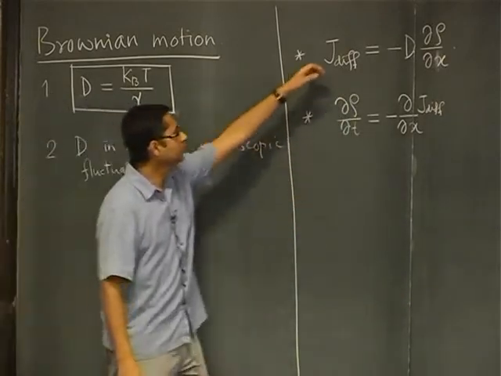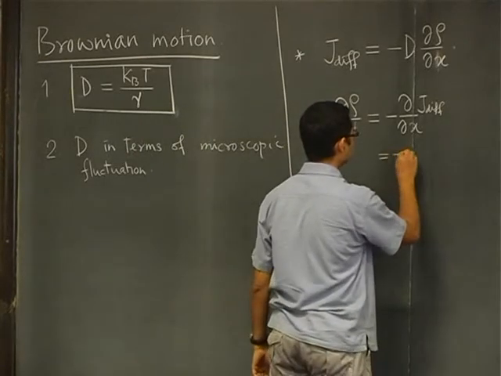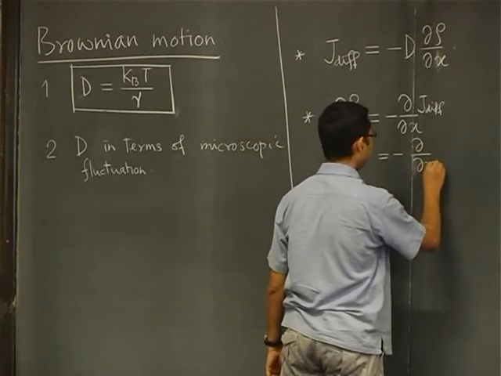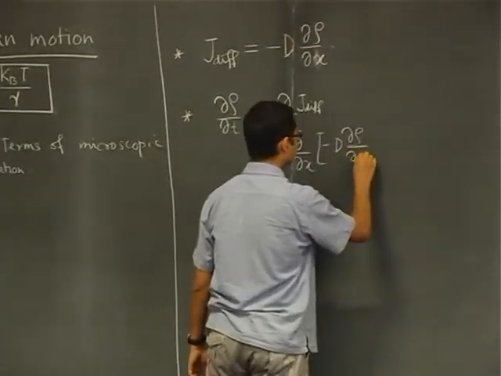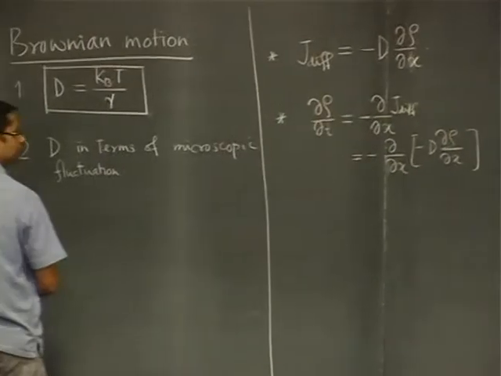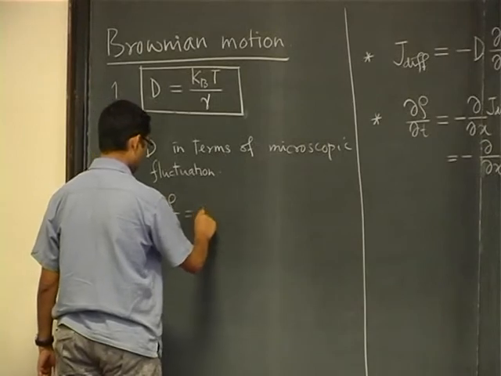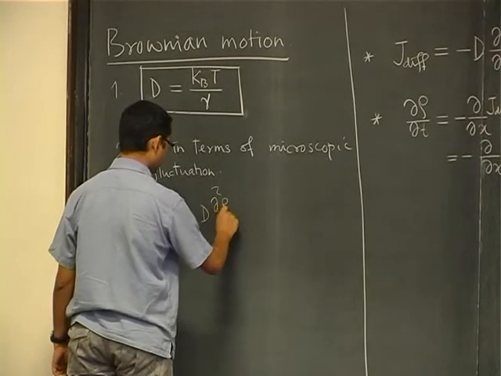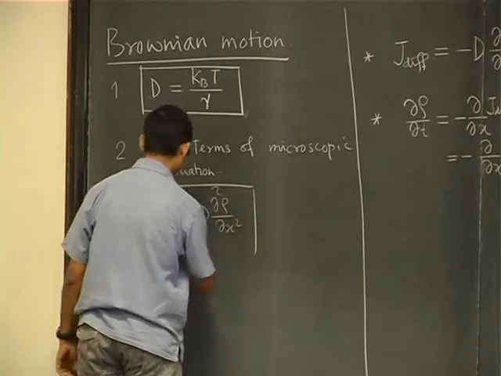So if I now use this and this, what do I get? I can just put this thing here: del by del x of minus D del rho by del x, right. Then I get a relation which is del rho by del t is equal to D del squared rho by del x squared, right.